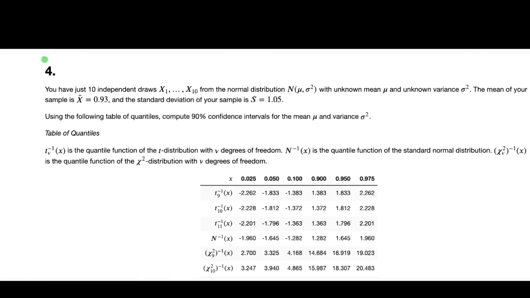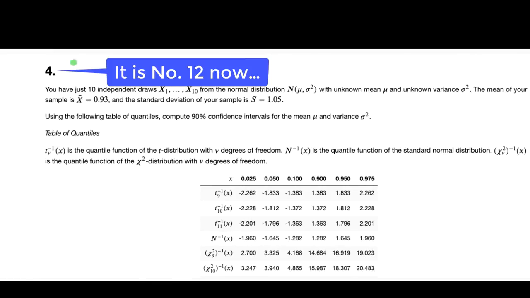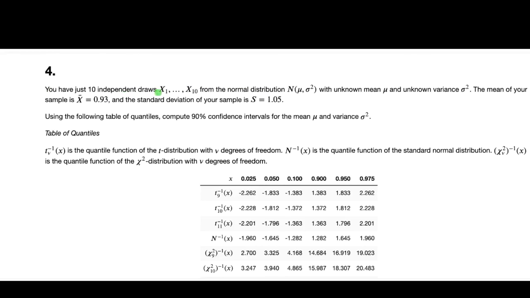Consider the following exercise. This is exercise number 4 from the class exercises. You have just 10 independent draws x1 up to x10 from the normal distribution with mean mu and variance sigma squared, but you don't know that mean and you don't know the variance. The mean of your sample is x bar equal to 0.93 and the standard deviation of your sample is s equal to 1.05.